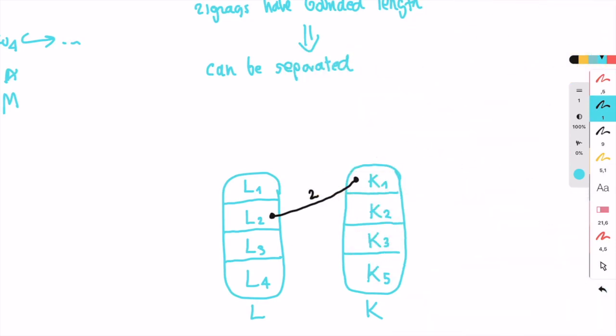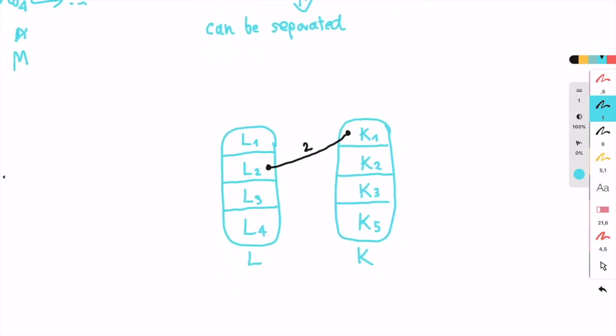What we're going to show is that these, by induction, we're going to show that we can separate each Li from each Ki.